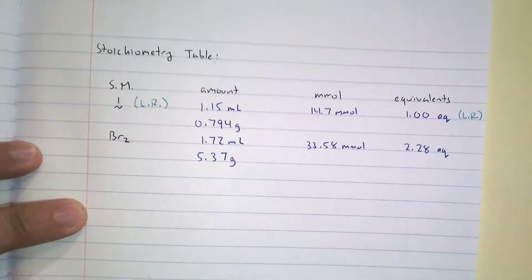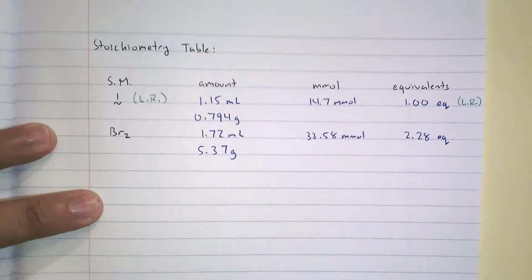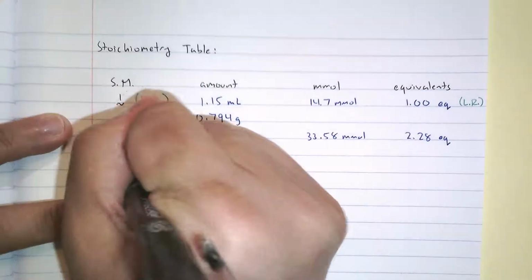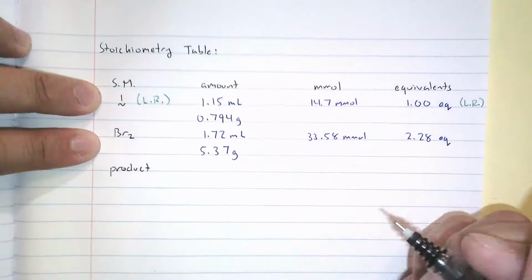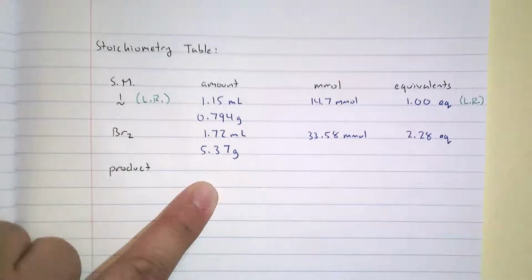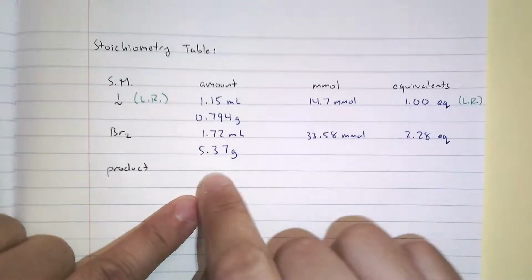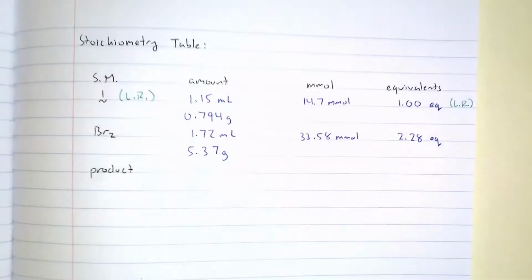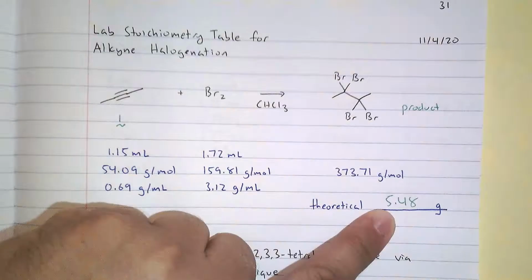And I know this video is long. I need to put one more thing. I need to put the product, the two starting materials and the product. Because again, I want to know how much we make, and we've already figured that out, right? This is the theoretical amount, 5.48 grams.